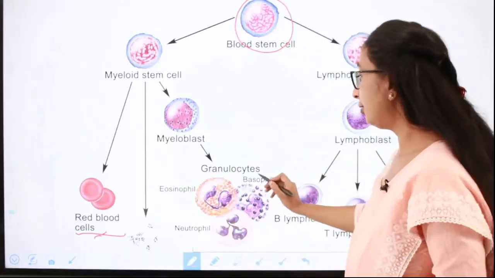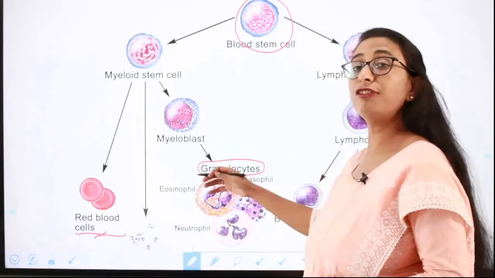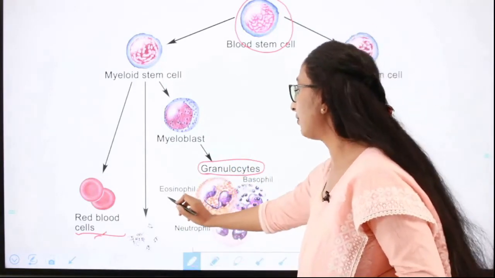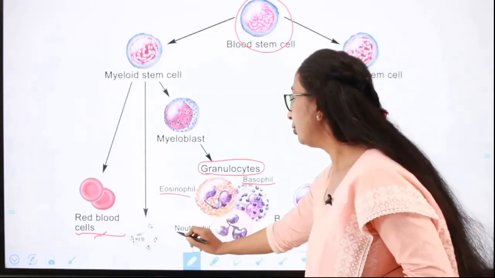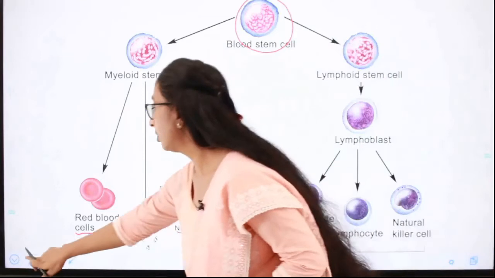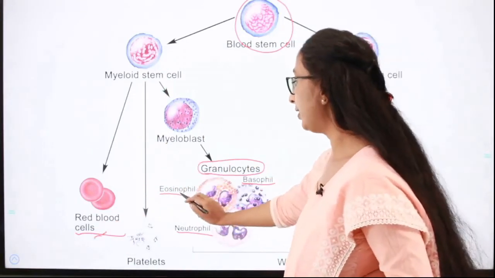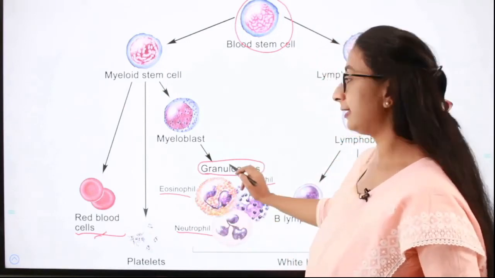The cells which have the presence of granules are called granulocytes. Under WBC we have eosinophil, basophil, and neutrophil. You can see these three, the eosinophil, basophil, and the neutrophil. All these three are granulocytes.